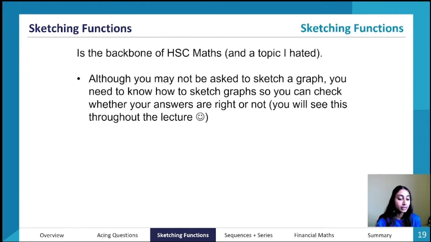Sketching functions truly is the backbone of HSC Maths Advanced or even Maths Standard. It's a topic that I really hated for a long time until stuff like financial maths came along, and I was like, okay, sketching isn't that bad.